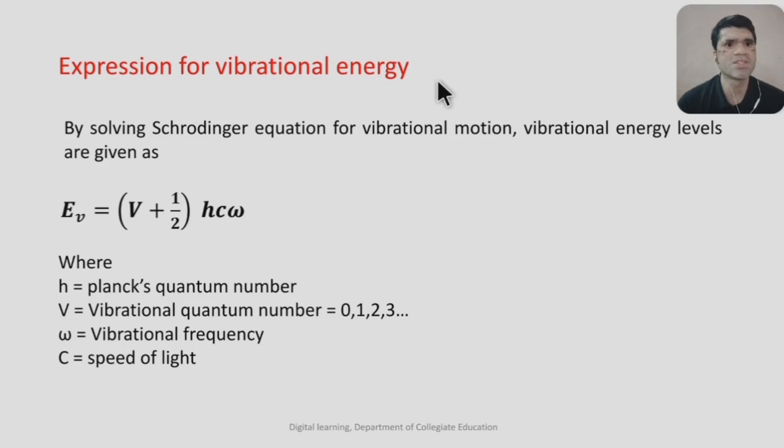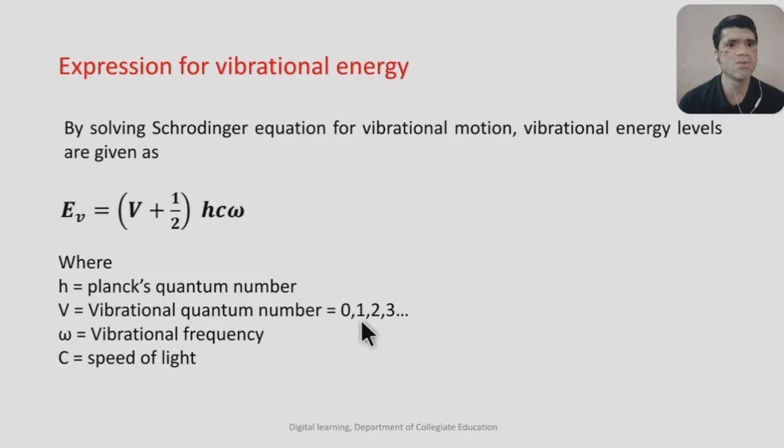Expression for vibrational energy. The vibrational energy for a diatomic molecule is obtained by solving the Schrödinger wave equation. On solving it, we get the vibrational energy E = (V + 1/2) hcω, where h is Planck's constant and V is the vibrational quantum number.